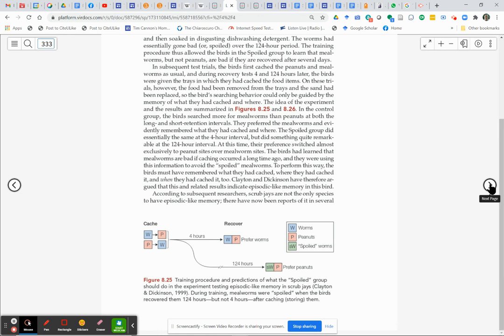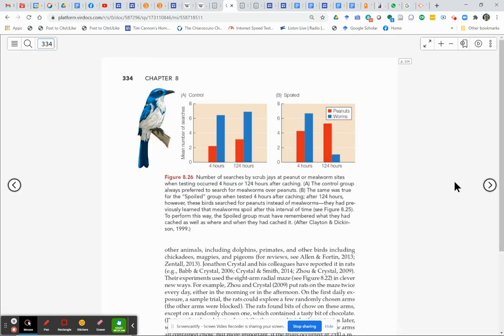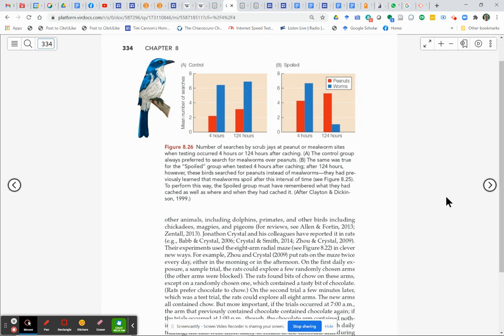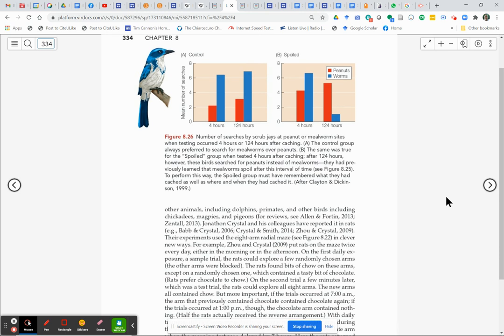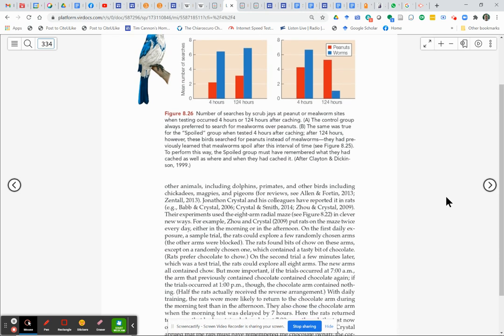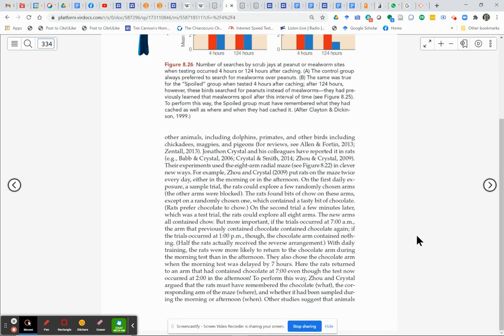So you go for the peanuts. And there's research there. Animals that cache food have parts of the brain related to that that are actually bigger than normal.